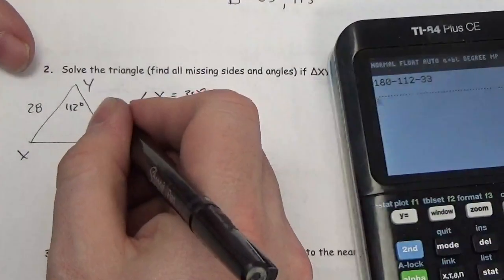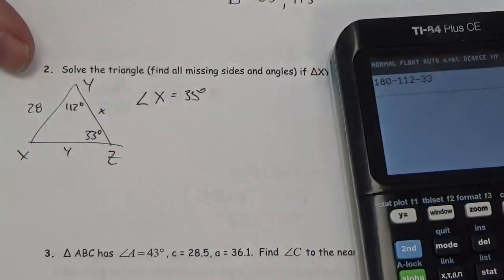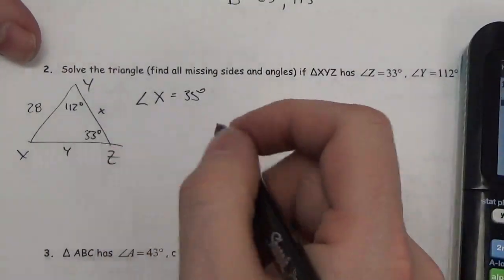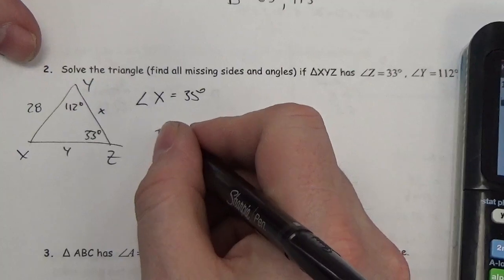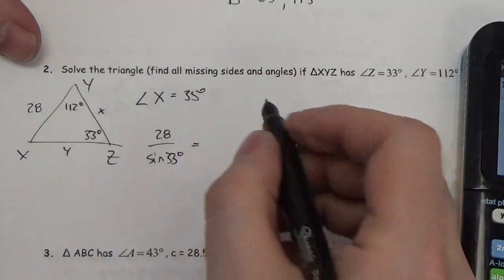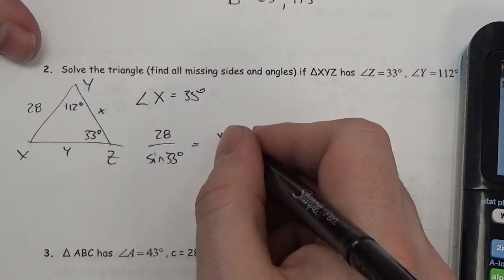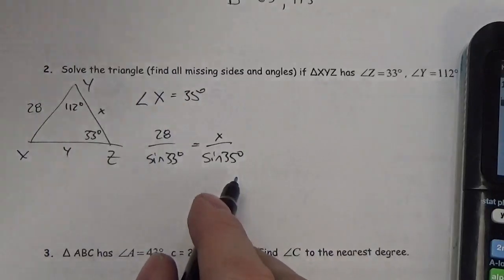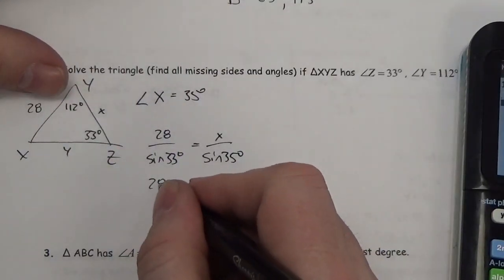Now, I've got to find little x and little y. And now what I can do here is just set up my ratio. I've got 28 over the sine of 33 is going to equal, let's find x first, x over the sine of 35. I will cross multiply.